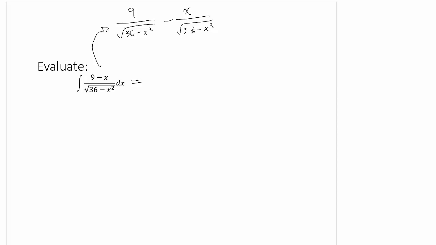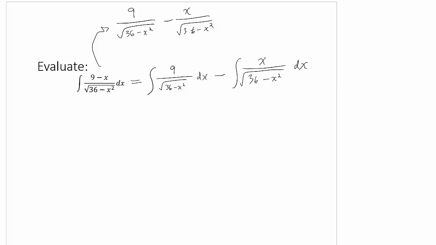And so then I can rewrite my single integral as one integral. I'd have the integral of 9 over the square root of 36 minus x squared dx minus the integral of x over the square root of 36 minus x squared dx.